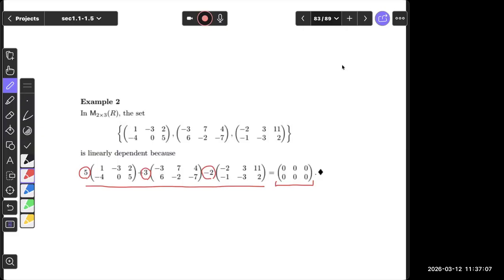Then at least one of the matrices can be written as a linear combination of the others, right? So if I call these A1, A2, A3, then as you can see, 2A3 equals 5A1 plus 3A2. So A3 can be written as 5/2 of A1 plus 3/2 of A2. So we can represent at least one matrix in terms of the others.